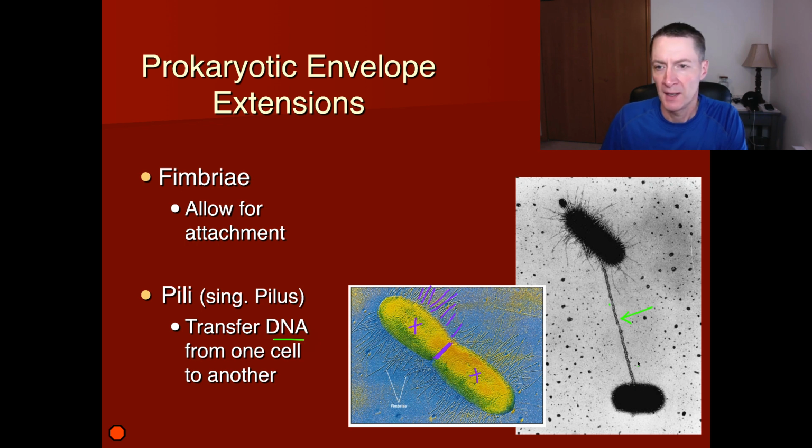And as I look at this image on the right, this organism on the top side seems to have fimbriae. This particular cell is possibly sharing something with the cell that it has formed a pilus with.